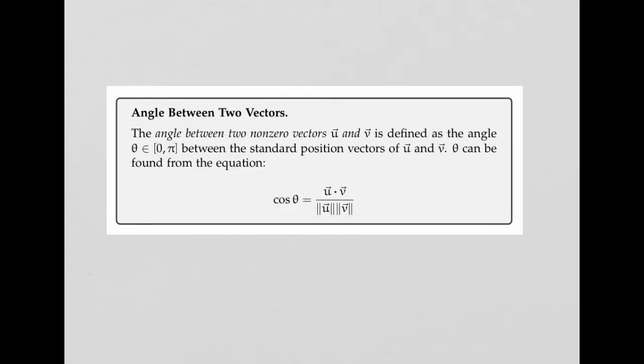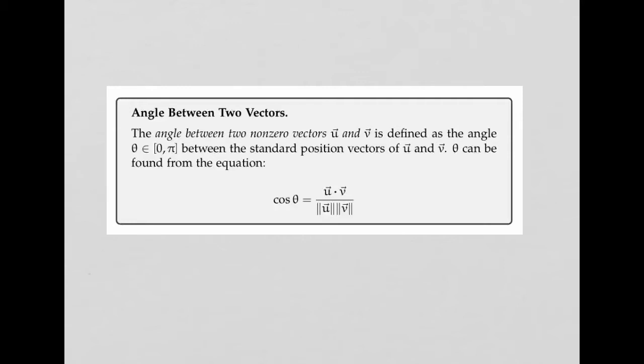Now let's talk about the angle between two vectors. The angle between two non-zero vectors u and v is defined as the angle theta, which lies in the closed interval 0 to pi between the standard position vectors of u and v.